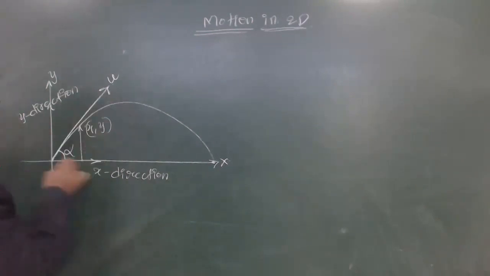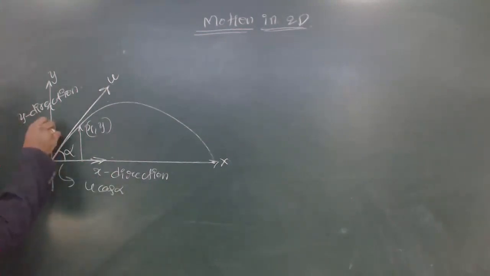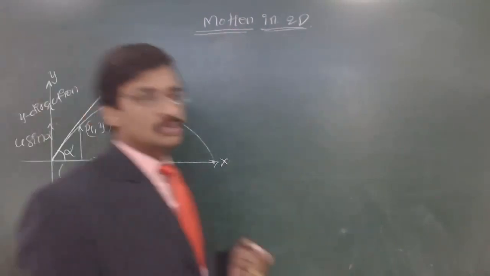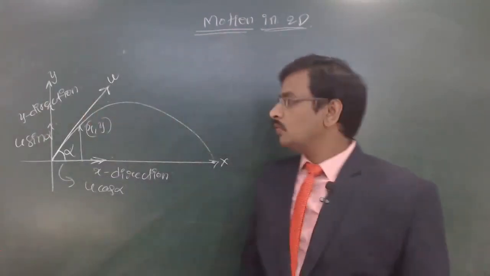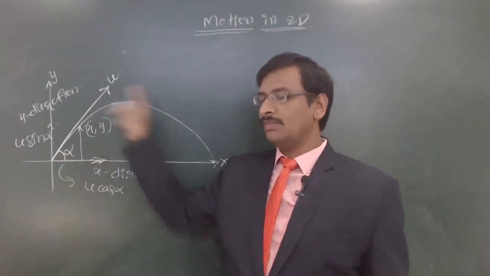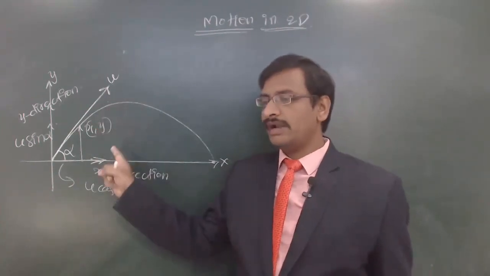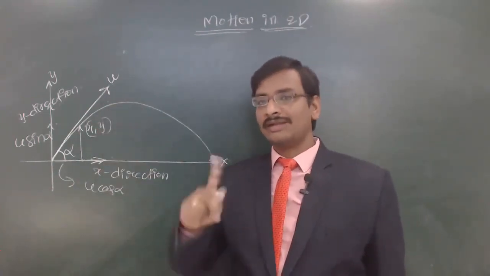Now if I calculate the horizontal component of velocity, it is going to be u cos alpha, and the vertical component of velocity will be u sin alpha. So we came to the conclusion that we have projected the particle in a certain direction with a certain magnitude, and that velocity I have divided into two different rectilinear motions.